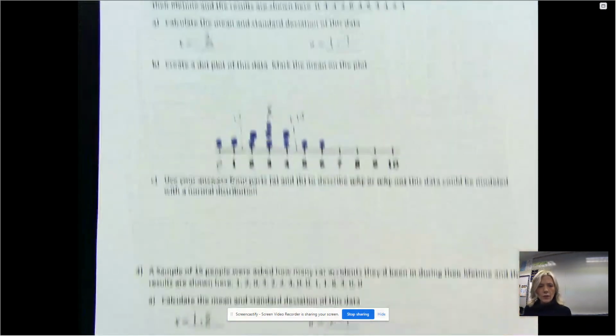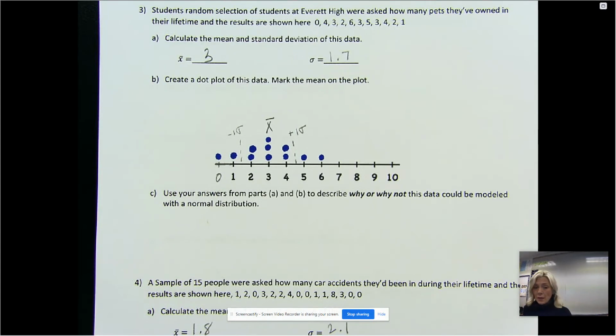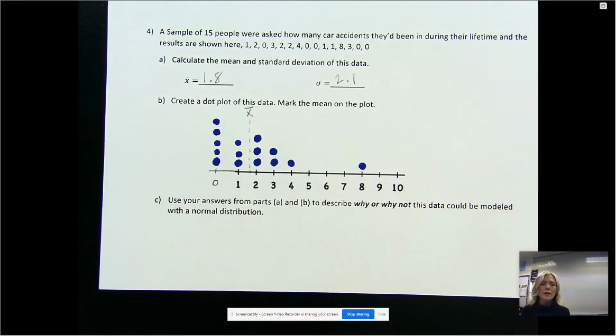It's so different than the other one. There, the mean and the median are the same, it's symmetric, it's unimodal, all of those things. But down here you can tell it's definitely not. This is not something that we could say is normally distributed.